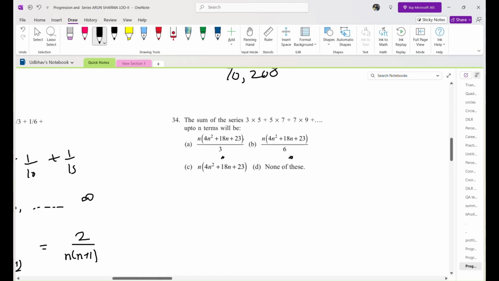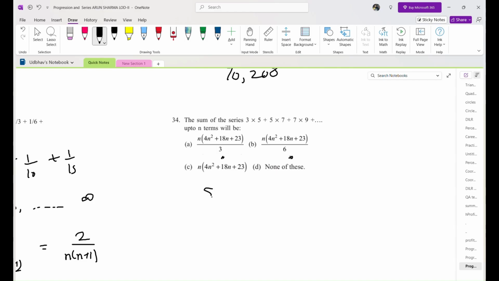The sum of the series up to n terms will be. Now, this question is pretty lengthy. We'll solve this question using the options, because we are given the sum in the form of n in the options itself.